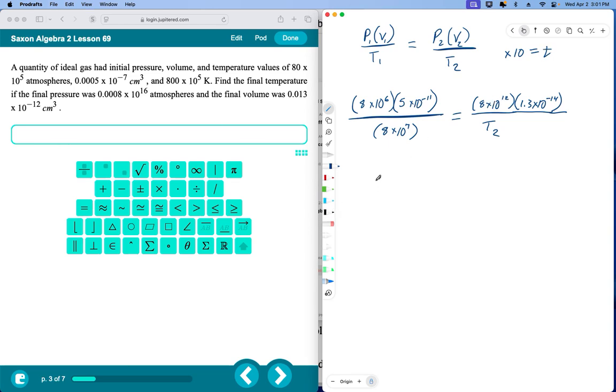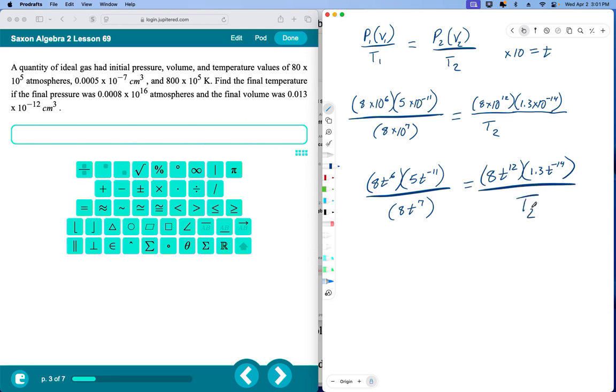So what we really have here is 8t to the 6th power times 5t to the negative 11 over 8t to the 7th power equals 8t to the 12th power, and then 1.3t to the negative 14 power over T, the final temperature.